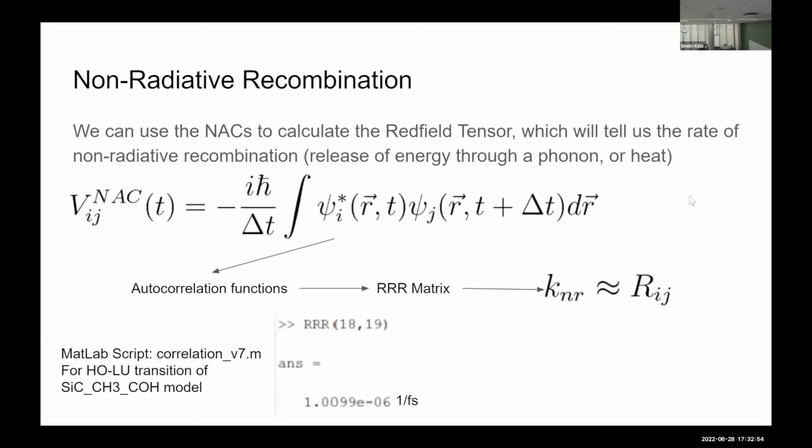The KNR, the non-radiative, would be calculated through the non-adiabatic couplings that we were doing, calculated on the Redfield tensor, and then just looking at the indices of that matrix, that would tell you the rate between those two states.